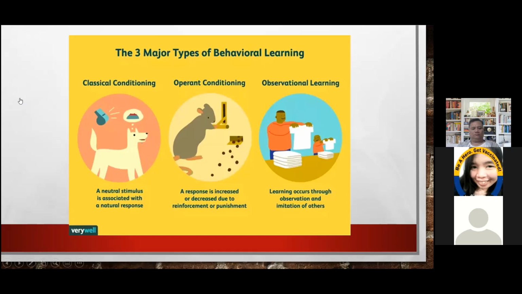Skinner described how reinforcement could lead to increases in behaviors while punishment would result in decreases. He also found that the timing of when reinforcement was delivered influenced how quickly a behavior was learned and how strong the response would be. The timing and rate of reinforcement are known as schedules of reinforcement.